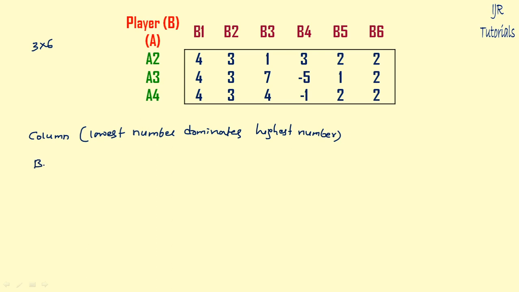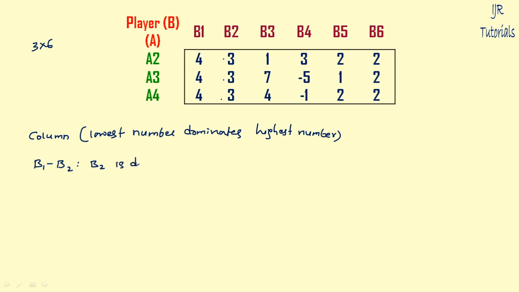First comparison, B1 to B2 comparison. See under B1, B2: 4 and 3. Which is the lowest number? 3 is the lowest number. 4 and 3, 3 is the lowest number. And again 4 and 3, 3 is the lowest number. That means we can say that B2 is completely dominating B1.